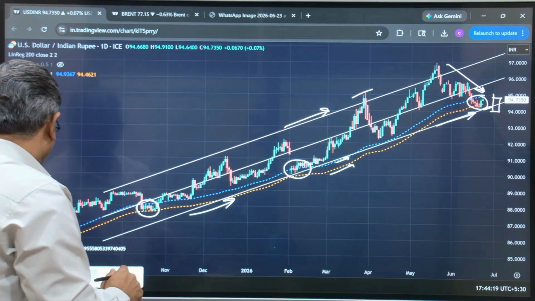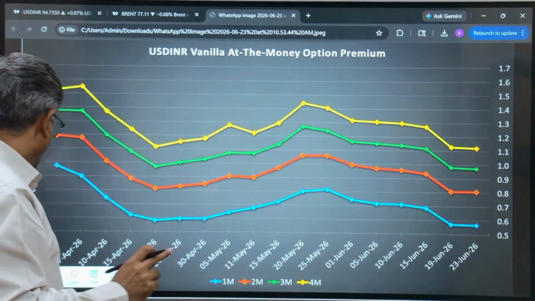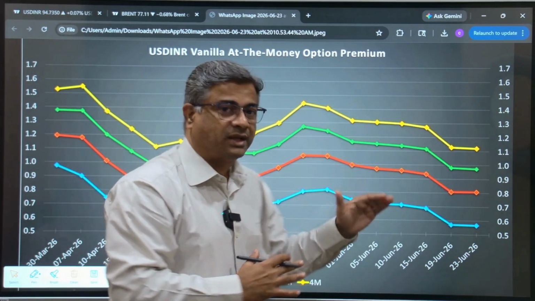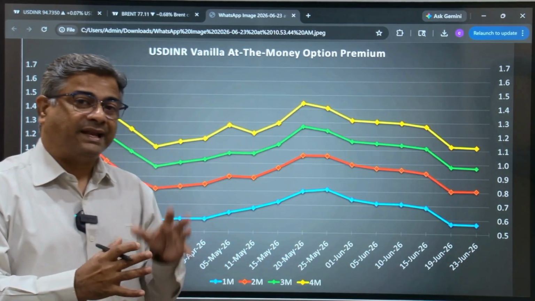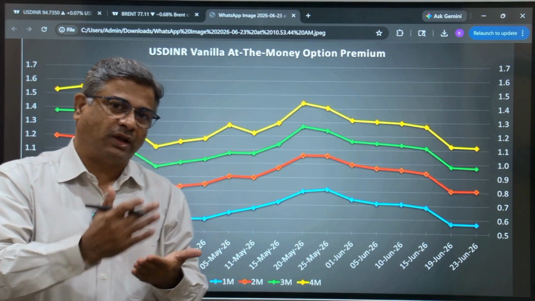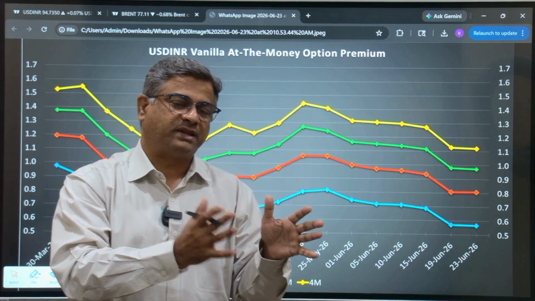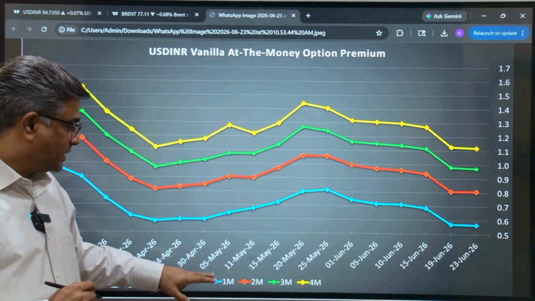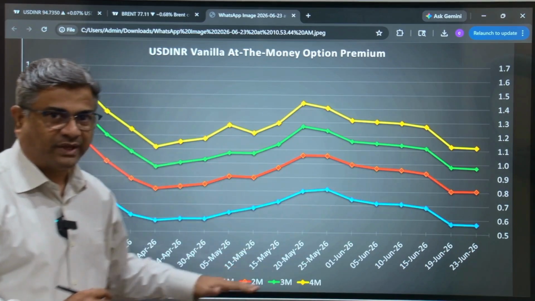Now let's come to the final figure. I want to show you something else. This is a chart which shows the option premium for an ATM option, at the money call and at the money put, so option premiums will be the same. Strike price equal to the forward rate, and this is for various months, 1, 2, 3 and 4, different colors for various months.